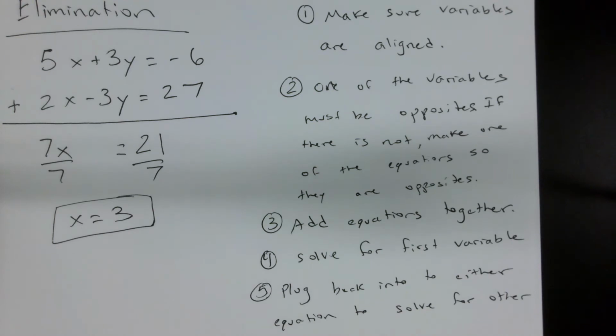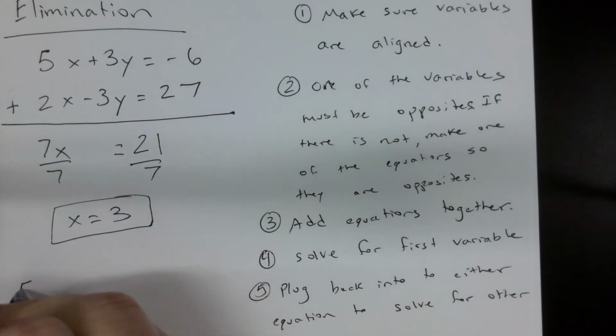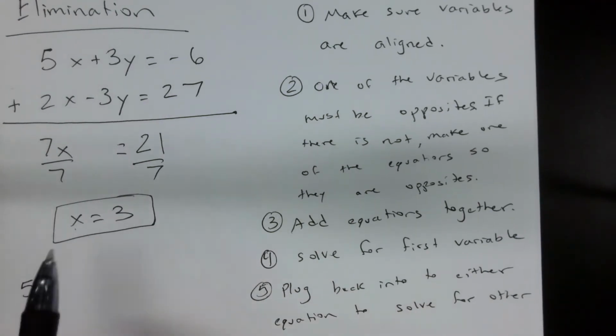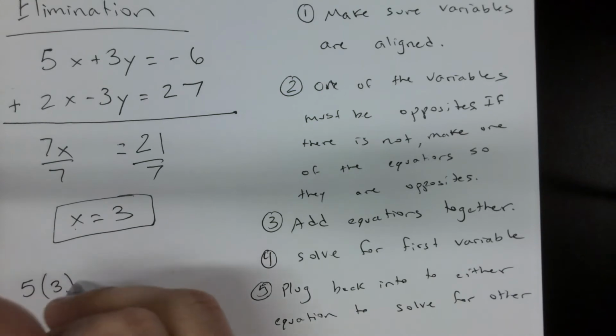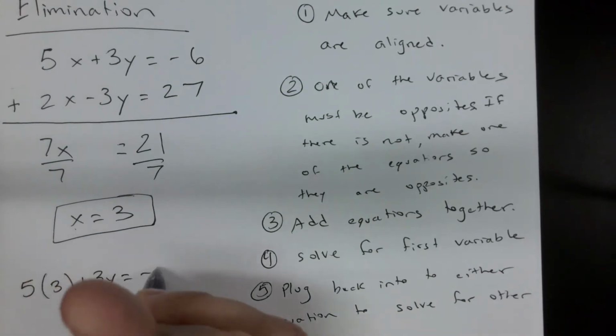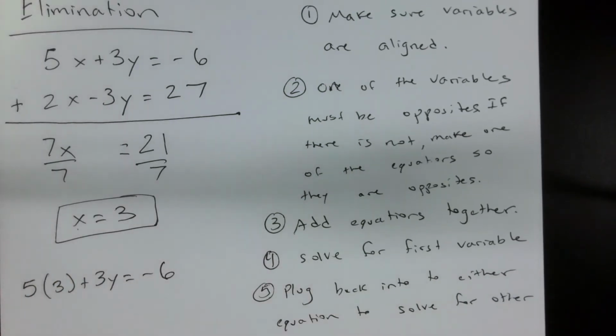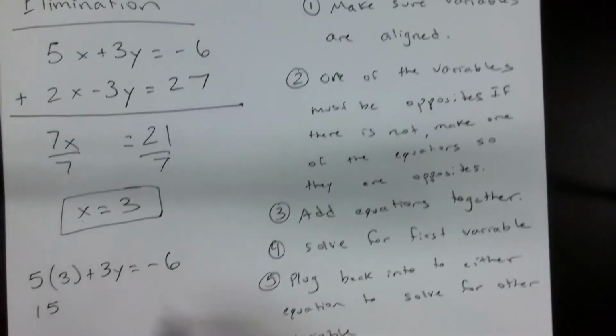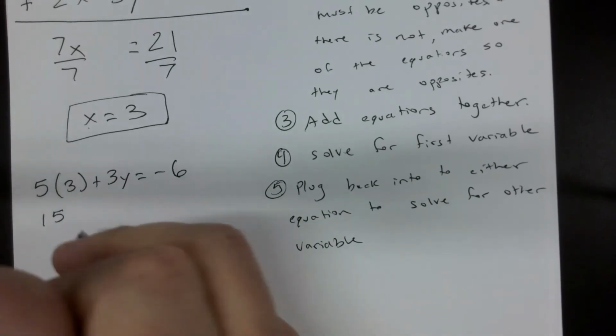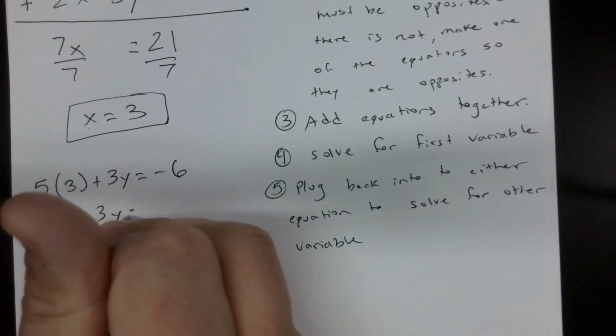Doesn't matter which equation we plug it back into. So I'm going to just plug it back into the top one. So we're going to go 5 because x equals this. We're going to plug it in for x. Which is going to give us 15 plus 3y equals negative 6.